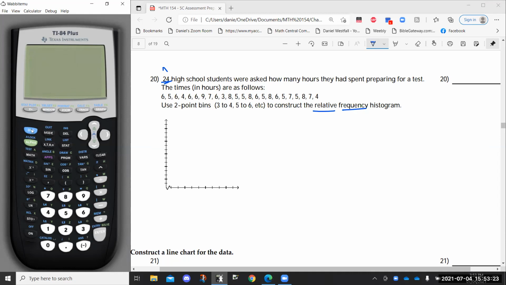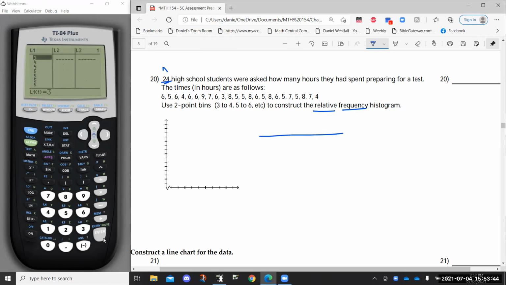I'm going to come in here, second list, operations, sort ascending, second L1. Done.